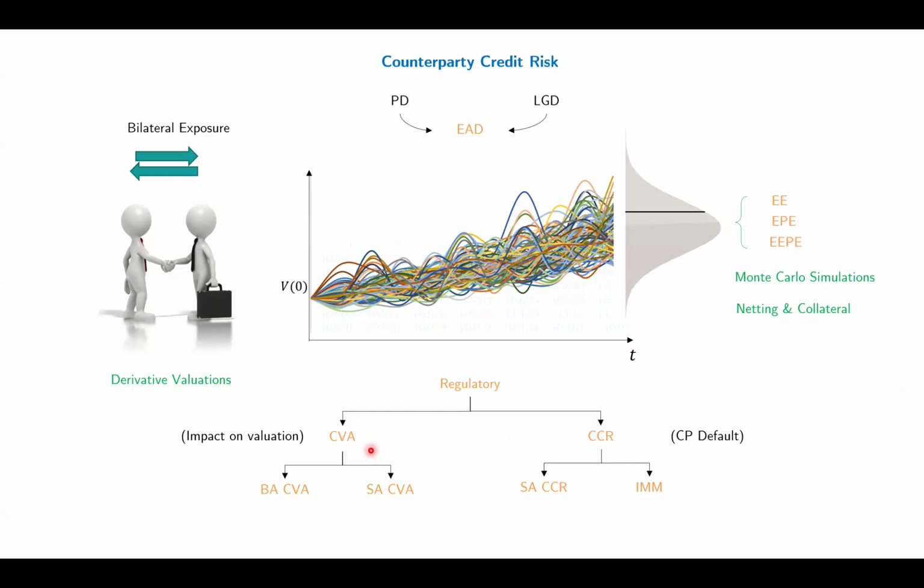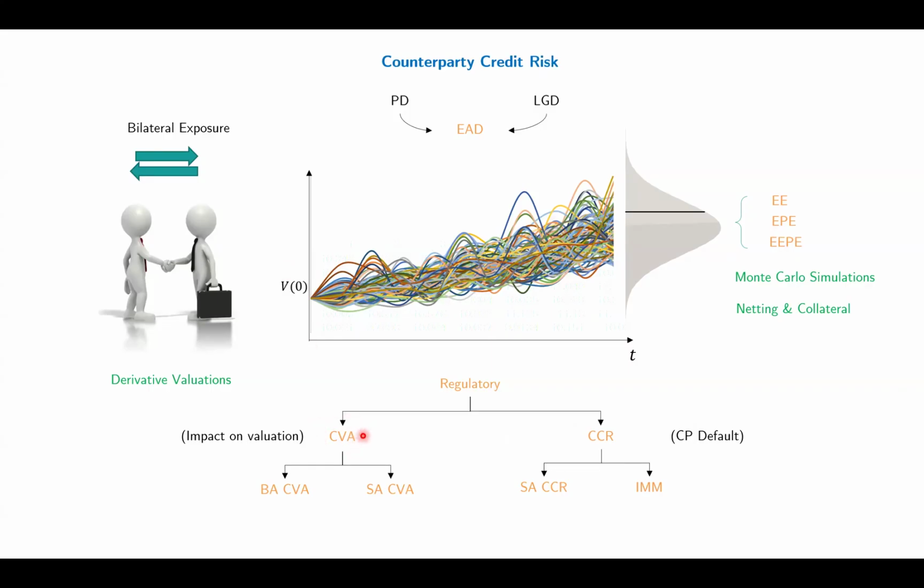Your valuation has to be updated to include the impact of counterparty default. That is done through CVA, and that CVA itself can fluctuate because CVA is based on the counterparty's credit spread right now. Tomorrow, the credit spread might go up, go down, and that has a direct impact on CVA.